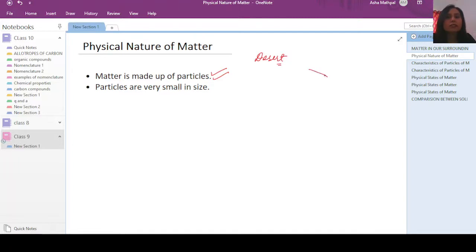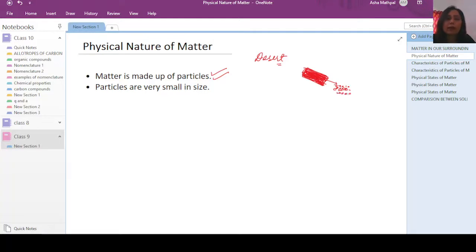From some distance, you will see that the portion of the desert, I am drawing a very small portion, right? So you will be seeing that it is very smooth from some distance. It appears to be very, very smooth to us. But once you enter inside it, you will be seeing that it is made up of very, very small particles.